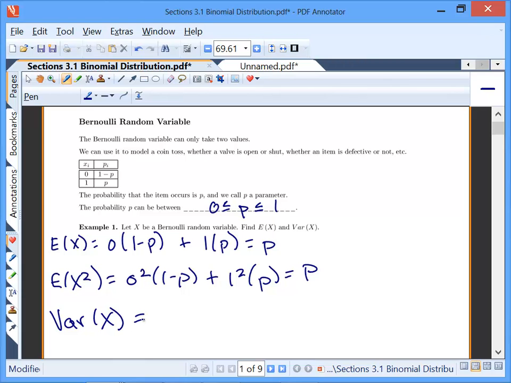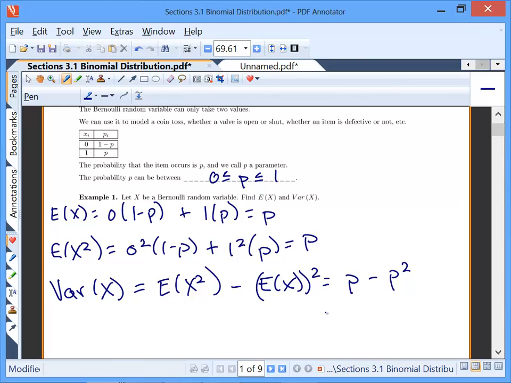So finally, if I want to find my variance, I need to do the expected value of x squared minus the expected value of x quantity squared. So that is p minus p squared. And we usually factor this.